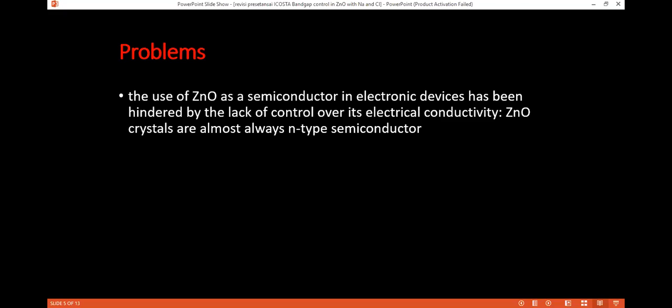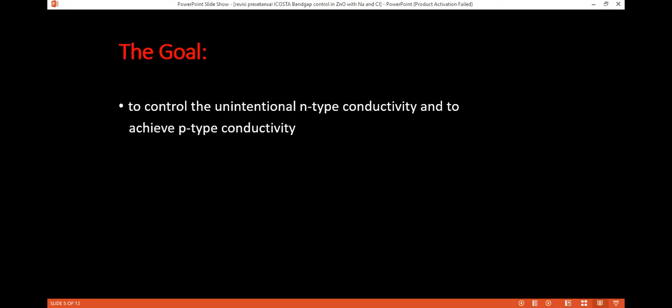The cause of this is still under debate. Someone said that it's because of vacancy or other factors. To solve this problem, one needs to control unintentional n-type conductivity to achieve p-type conductivity by giving some treatment. It can be doping or other treatment.